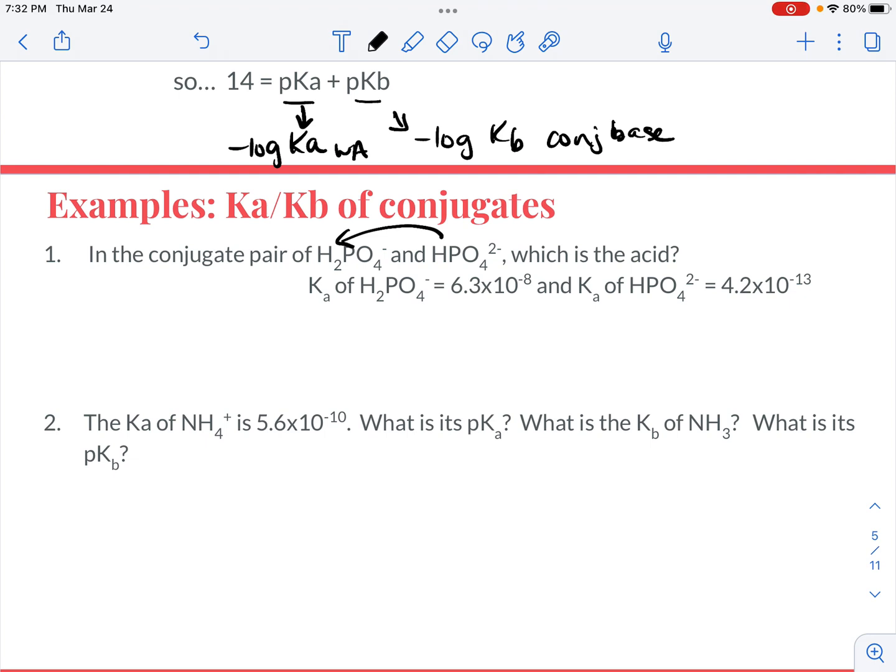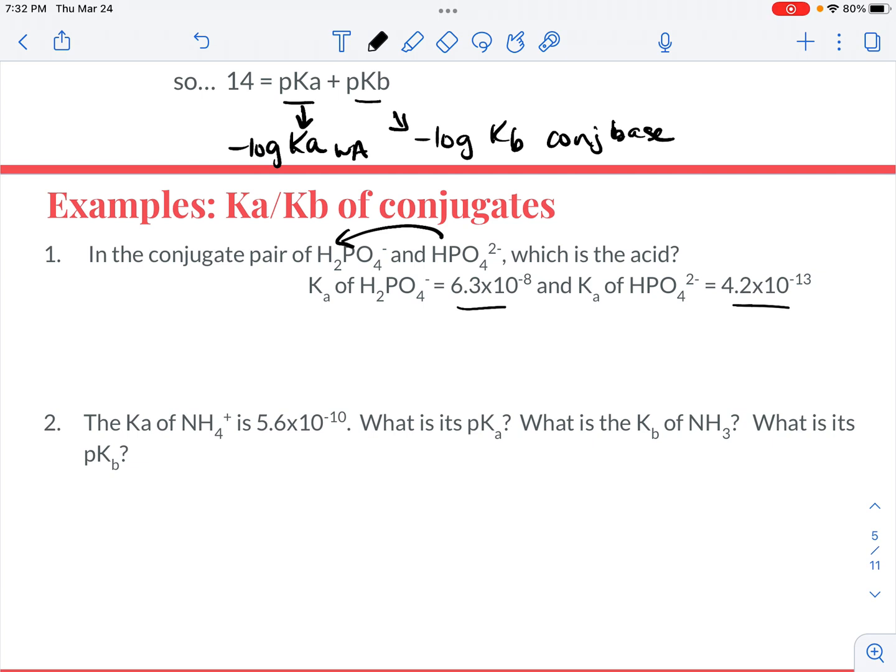If we had both of these just in water solution, we would have to make a decision about which one was a stronger weak acid, and you could do that from the Kas of the two of them.